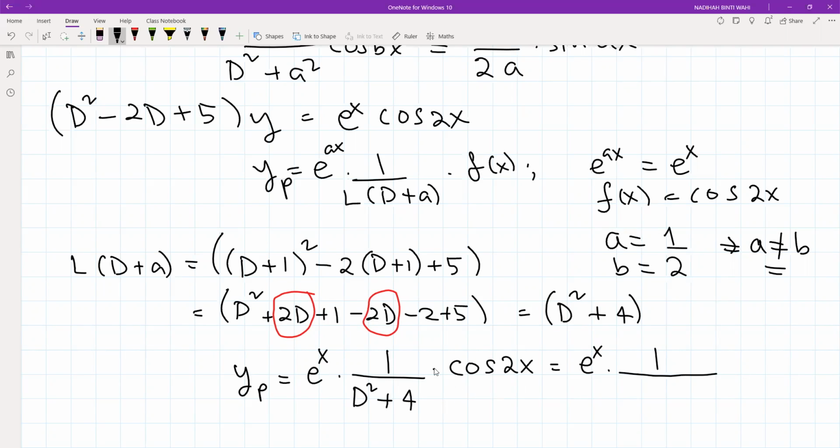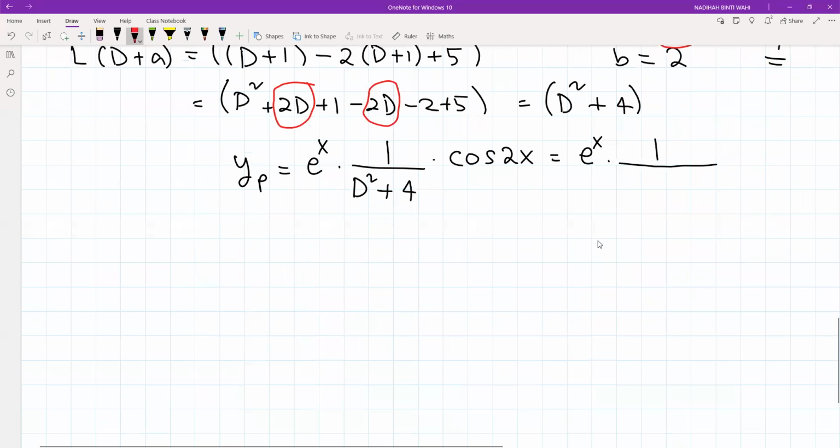So kena perhatikan balik, kena berhati-hati kat sini. Sebab yang tadi A daripada mana? A sama dengan 1 daripada sini. Okay, sekarang ni A yang terbaru, so saya boleh katakan this is A squared. Okay, so yang ni, yang L tambah D plus A sama dengan yang ni.